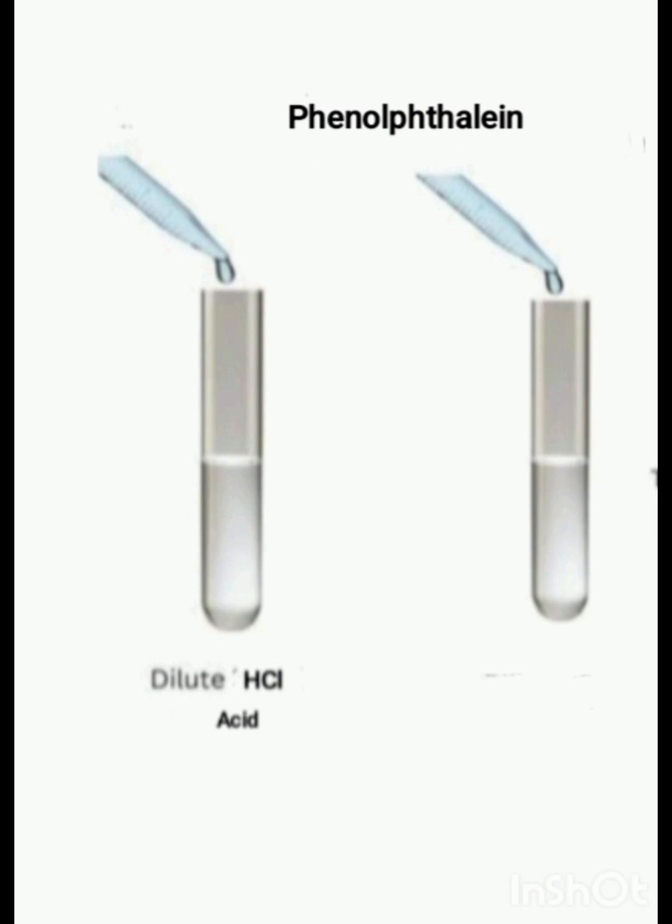Note down its color. Note down the color of phenolphthalein solution also. Okay? Add 2-3 drops of indicator to the acid. Now shake the test tube gently. Do you observe any change in color of the acid?